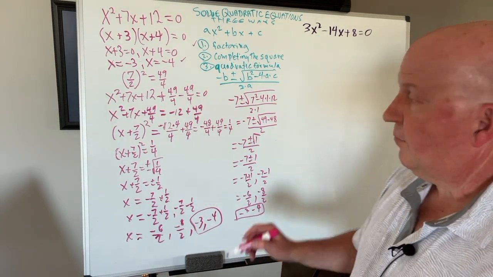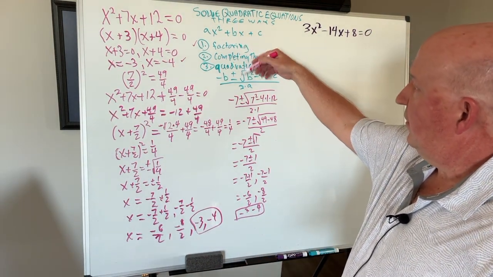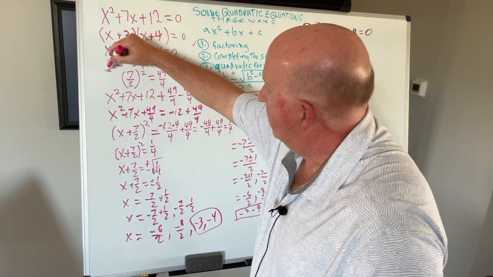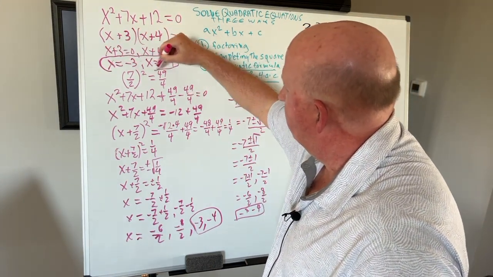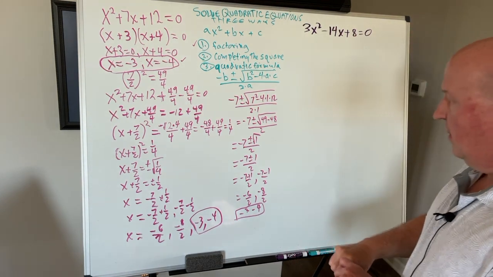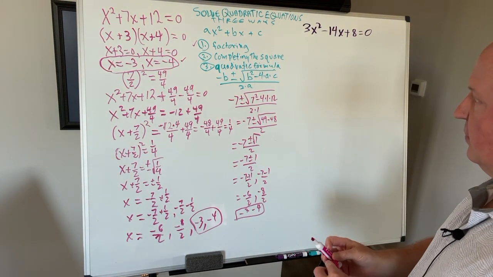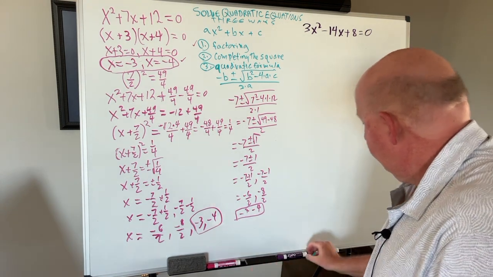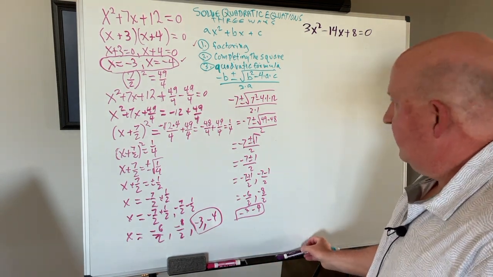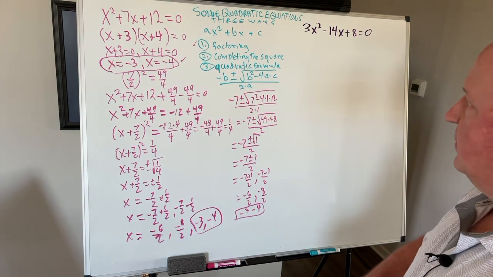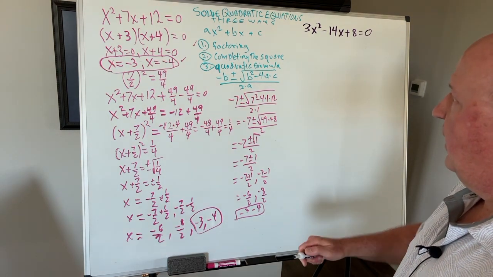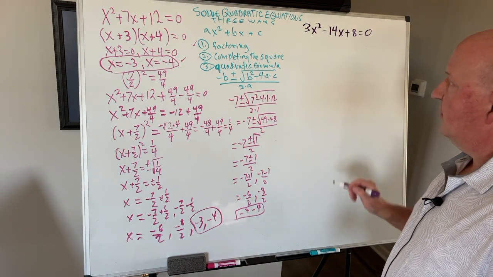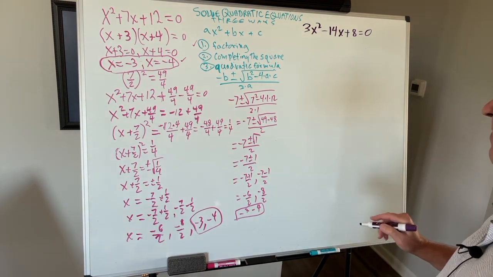So you can see all three methods work to get the same answer. So what we'll do, just for practice, is do it again with another problem. This one's a little bit more complicated because a is not 1, a equals 3, so a little bit more tricky.